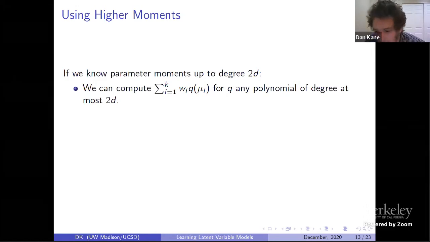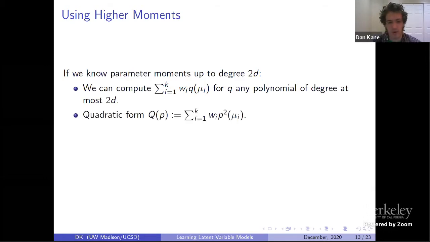So let's think about what happens if we have higher moments. Suppose that we know all of the parameter moments of degree up to 2d. Well, one way of interpreting this is it means that for any polynomial q of degree at most 2d, we can compute the sum of w_i times q of mu_i. And in particular, we'll run the same trick that we did before. We're going to let p be the square of a degree d polynomial. So we have a quadratic form, which takes in a degree d polynomial p, and outputs the sum of w_i times p squared of mu_i.